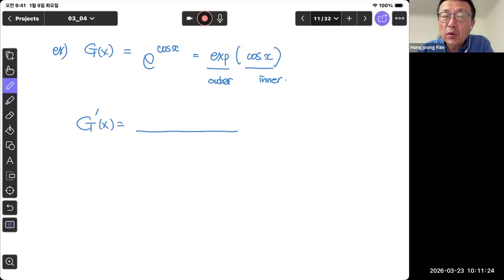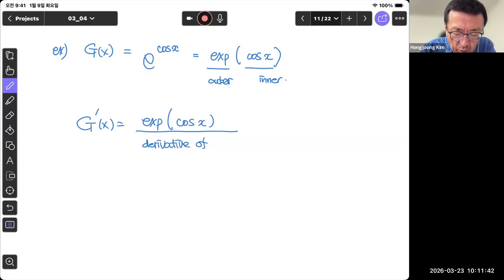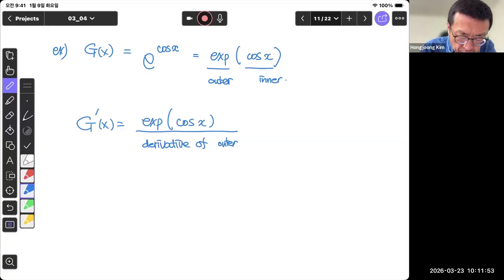What is the derivative of the exponential function? The exponential function, evaluated at the inner function cosine.